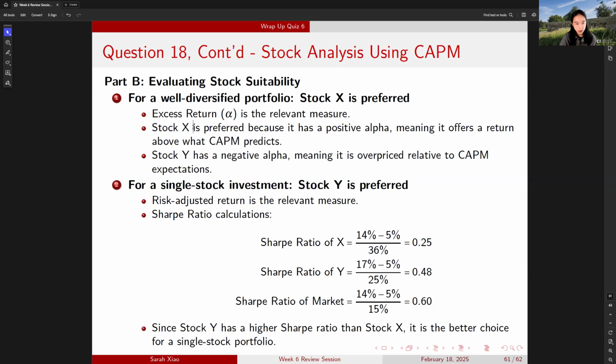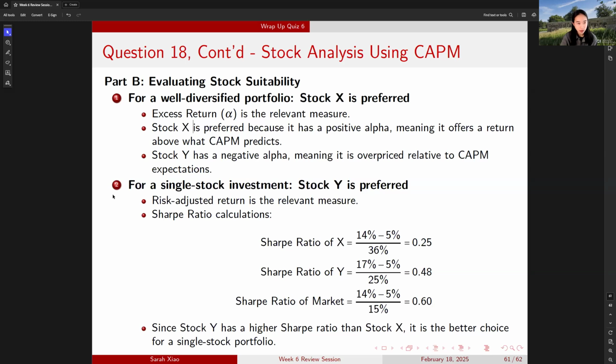Stock X is preferred in a well-diversified portfolio because it has a positive alpha, meaning it offers a return above what CAPM predicts. However, stock Y has a negative alpha, meaning it is overpriced relative to CAPM expectations.